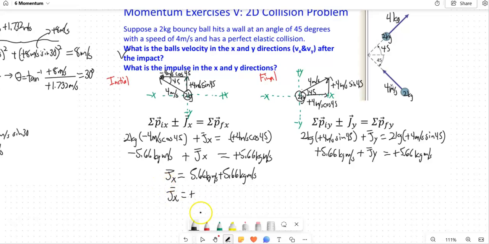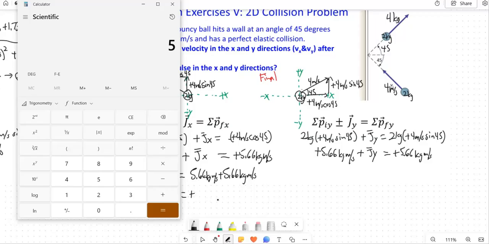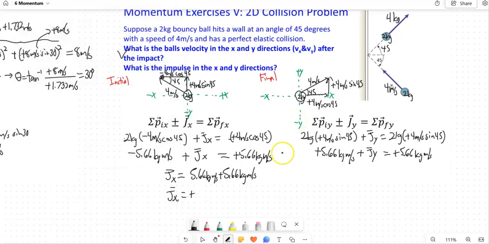All right. Moving right along, and I've totally forgotten this number. 5.66 plus 5.66, 11.32. So the impulse supplied by the wall to the 2 kilogram ball is 11.32 kilogram meters per second, or positive 11.32 newtons times a second.